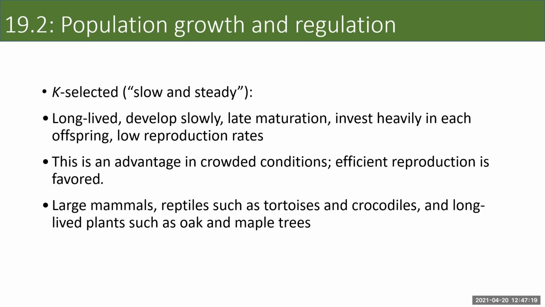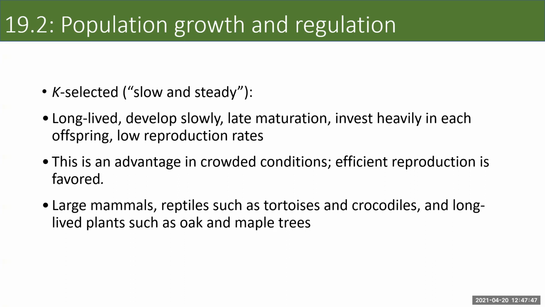And so some examples of these are large mammals, humans, for example, reptiles such as tortoises and crocodiles, long-lived plants. And so these plants and animals take a long time to become mature. Maybe it's not after age 3 or 4, sometimes like 10 in terms of your larger mammals, or 8 or 10 or so in terms of years.